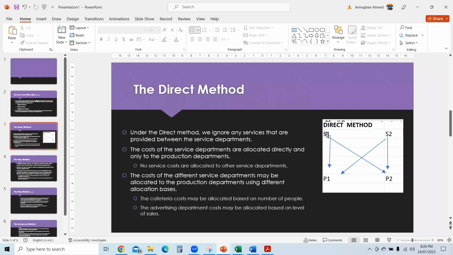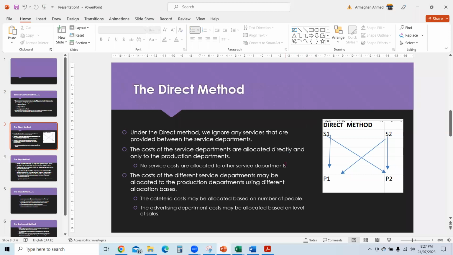S1 cost will only go to production department 1 and production department 2. So S1 will be closed down and all its costs will be transferred to production department 1 and 2. Similarly, service department 2 costs will only be allocated to production department 1 and production department 2.